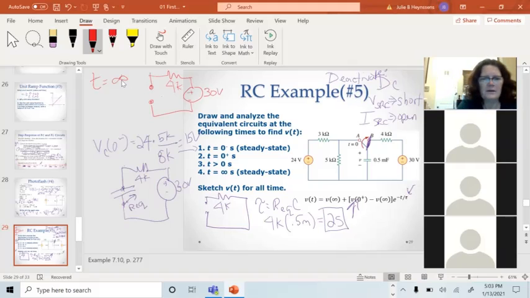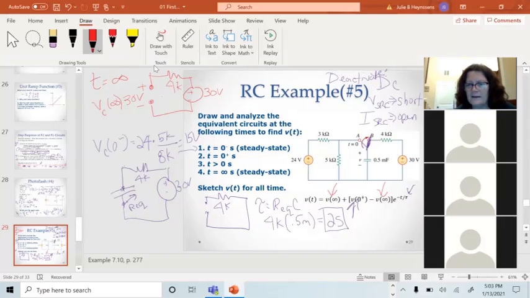So now, no path for current to flow, so all the voltage has to be across that gap. I've got 30 volts. That is VC of infinity.